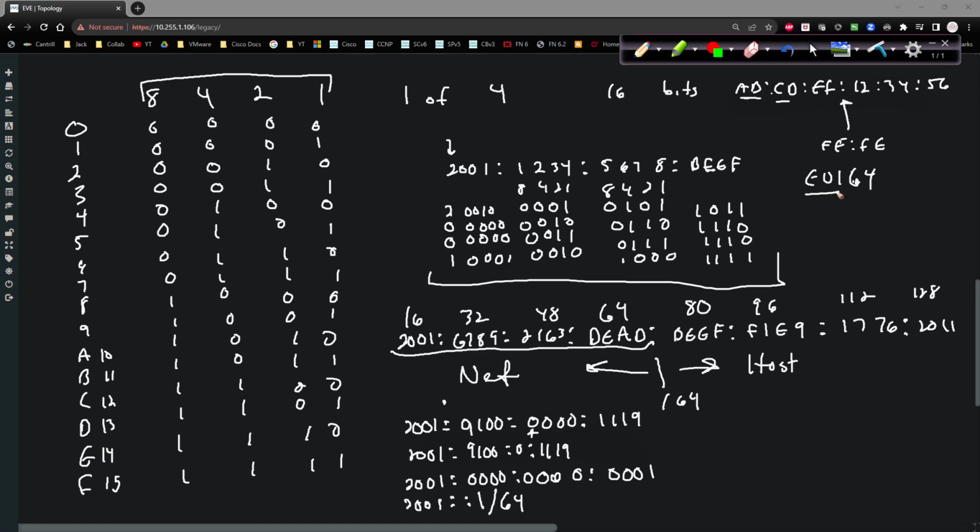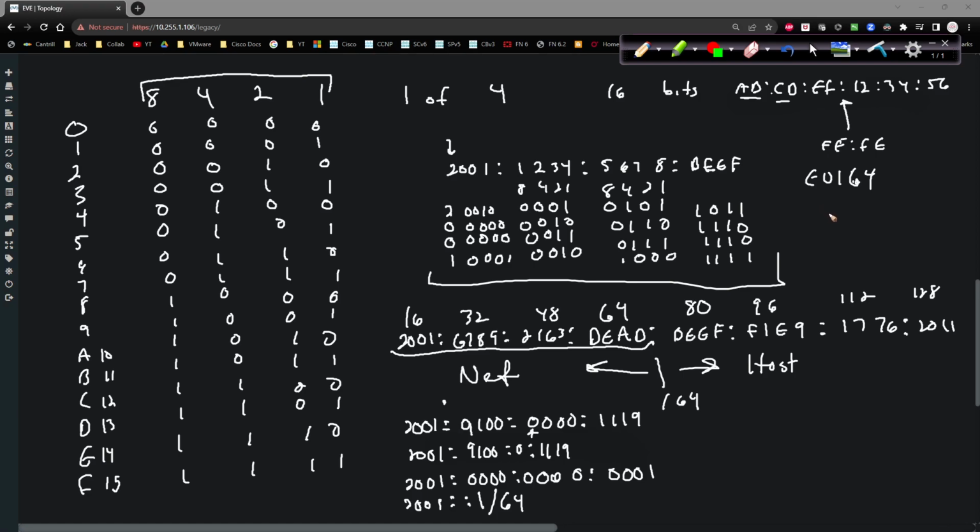I think this stands for Enhanced User Interface, EUI, but don't quote me on that one. I don't believe that's the actual case. But what ends up happening is this address changes slightly.